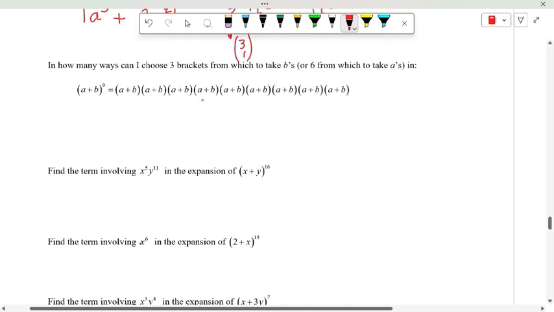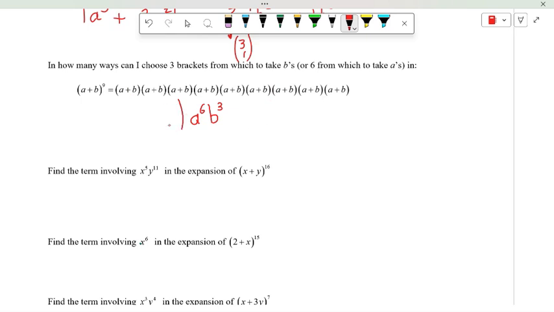If I wanted to work out the term in here which involves B cubed and A to the 6, there'll be a term in here that looks like that. Basically I need to take A's from 6 of the brackets and B's from the other 3. So I need to choose from the 9 brackets, I need to choose 6 brackets from which to take the A's or 3 brackets from which to take the B's.